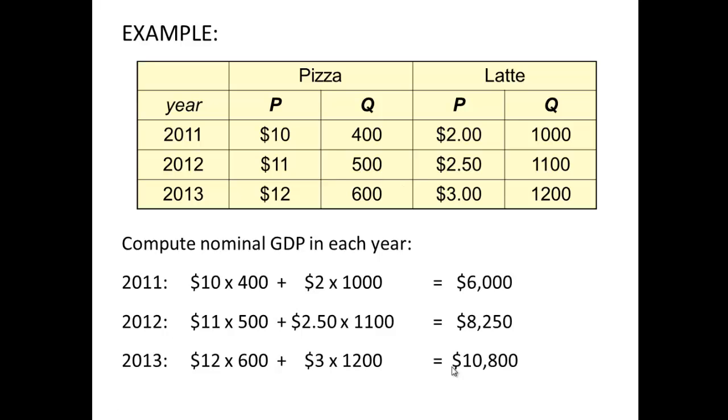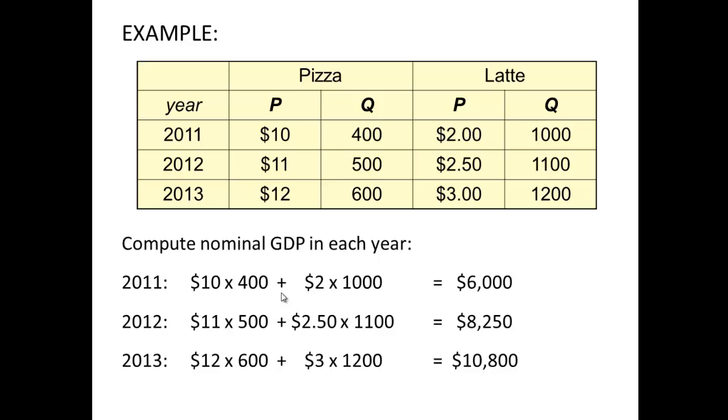Now, what does this mean? Does that mean that we have inflation? Does it mean that our economy is growing? Well, when we look at it in terms of nominal, we can see that prices, yes, prices did increase, but then quantity or production also increased.